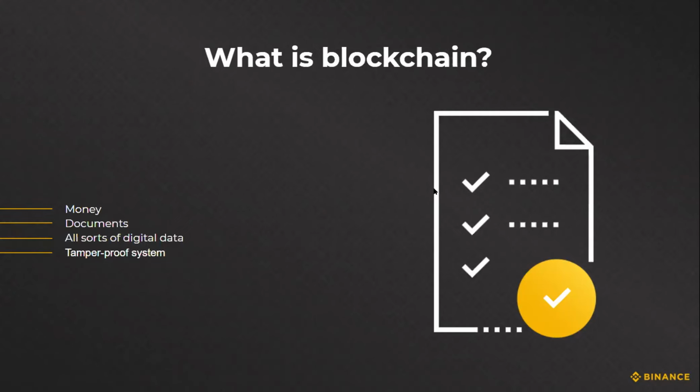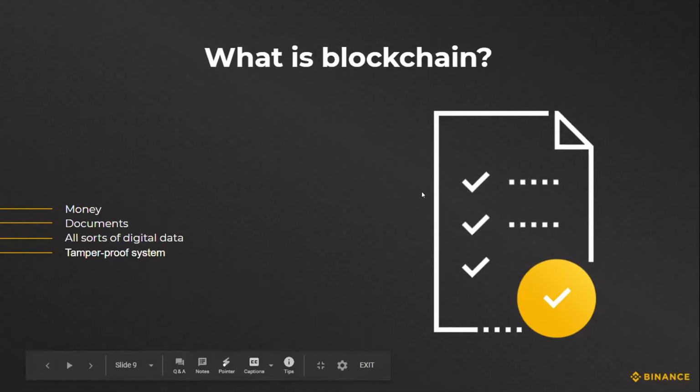Anything that can be represented as data can be stored in blockchain, whether it's an asset, land, information, or records. So you can have money stored in the blockchain network, documents, and all sorts of digital data. It has to be digital, basically.